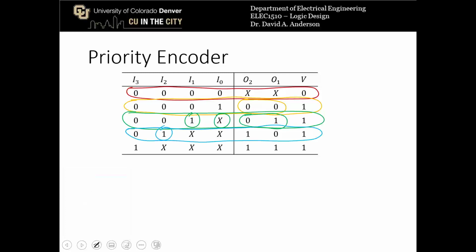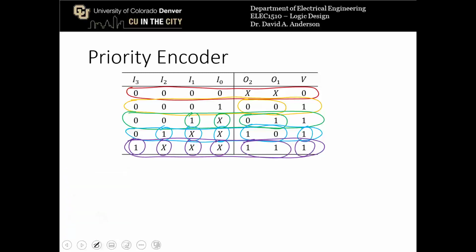For a level 2 message that has occurred, we don't care if a level 1 or level 0 has occurred. We report a valid bit being 1 and the output being 2. And then same thing for input 3 having occurred. We don't care about the lower level inputs. We report out 3 and a valid bit being 1.